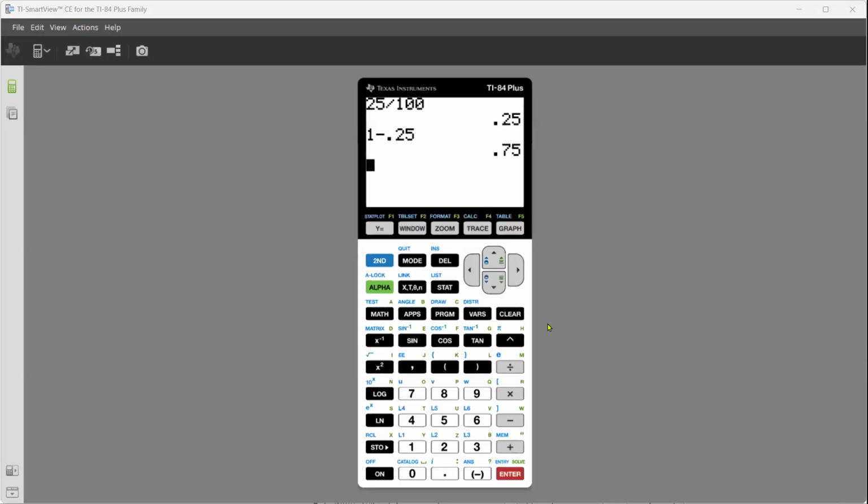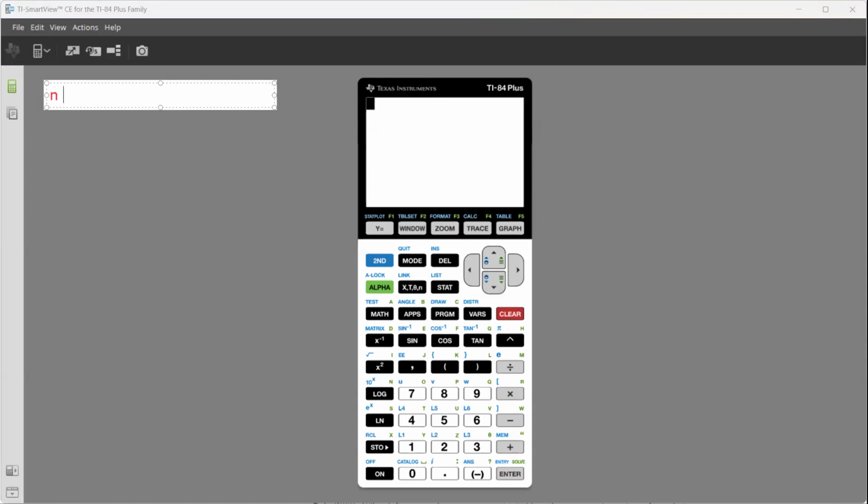So now what I'm going to do is come back up here, and we're going to form the confidence interval. So I'm going to share the calculator screen here, and I'm going to write some words out. Now, before we can actually do this, I'm going to go ahead and rewrite the annotations that I gave you.